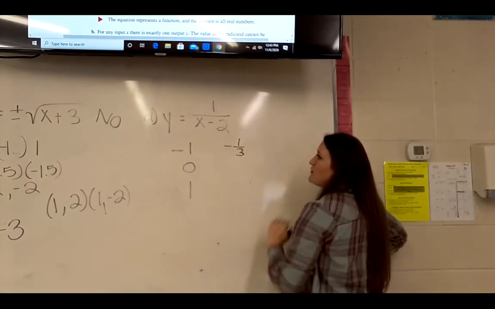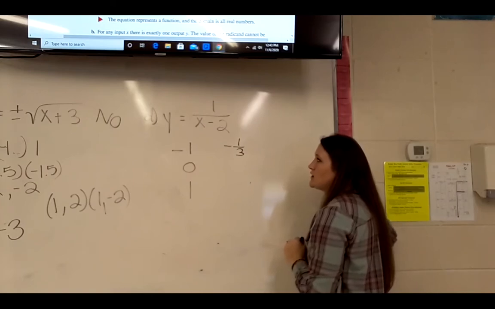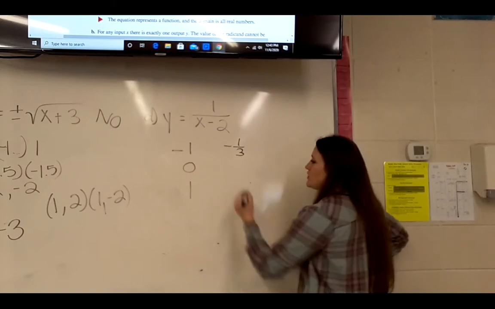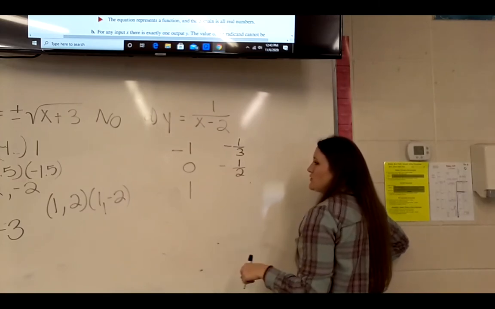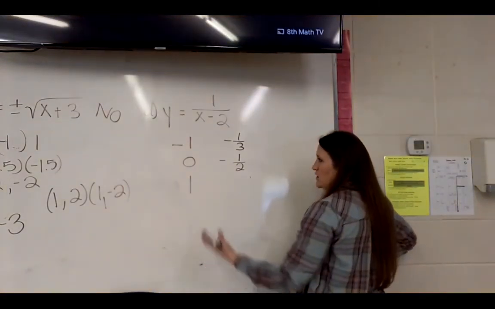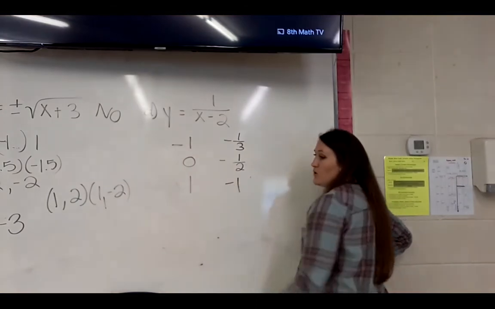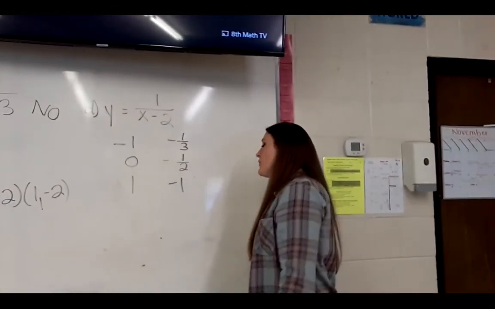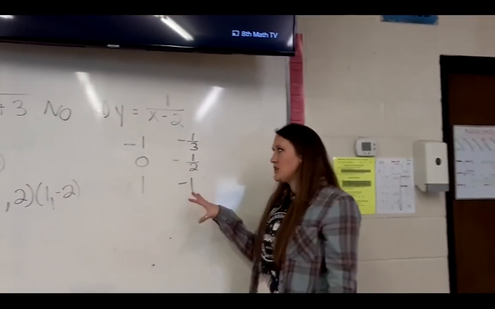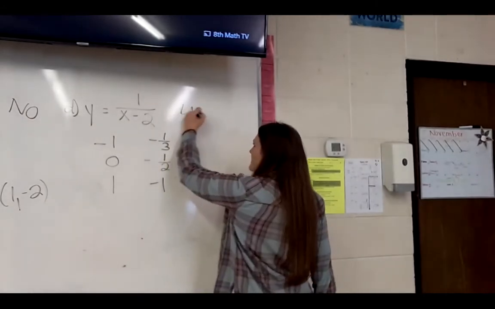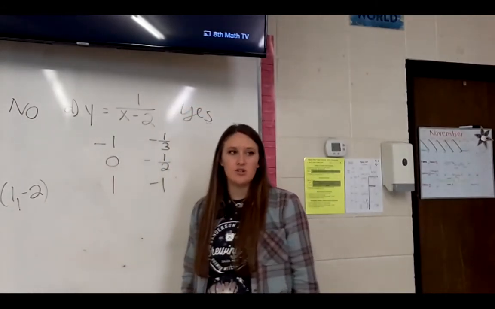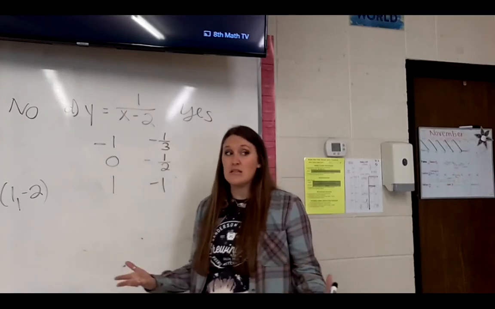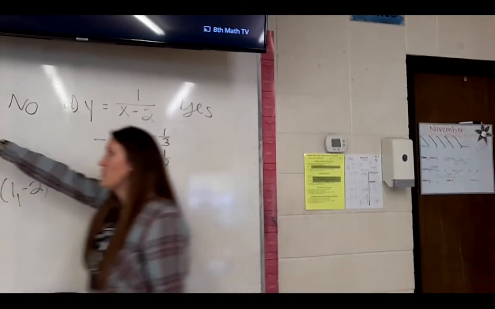If I plug 0 in, what do I get? Negative 2. So just negative 1 over 2. If I plug 1 in, 1 minus 2 is negative 1. So that would just be negative 1 because 1 over 1 is 1. Okay, so it is a function because we're getting different numbers each time. You're only worried about your x value to see if it's different numbers. So for the most part, they're mostly always going to be functions. Very rarely are they not.